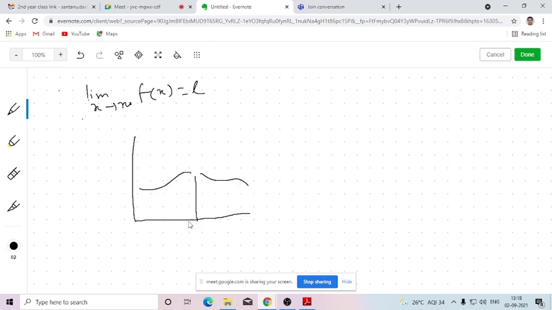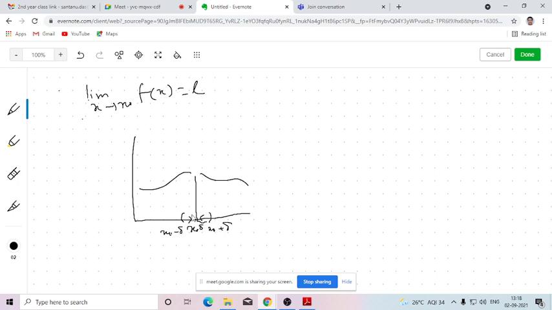So we take a small interval around x0 of length delta, from x0 minus delta to x0 plus delta. Here we can vary the independent variable either from the left hand side of x0 towards x0, or from the right hand side of x0 towards x0.